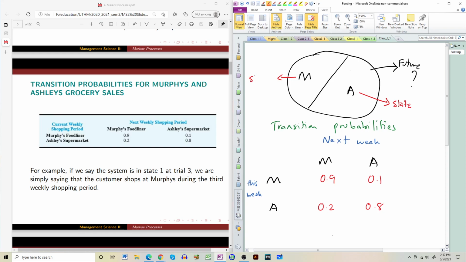This is known as a state. Maybe we can call this state 1, state 2, and we will denote them by the symbol pi 1 and pi 2.